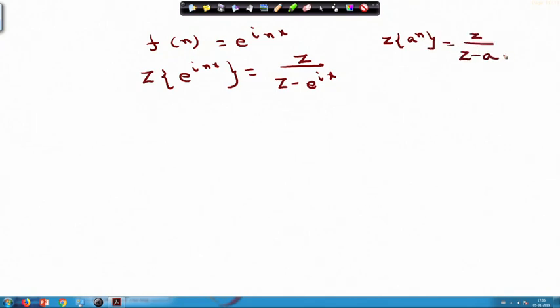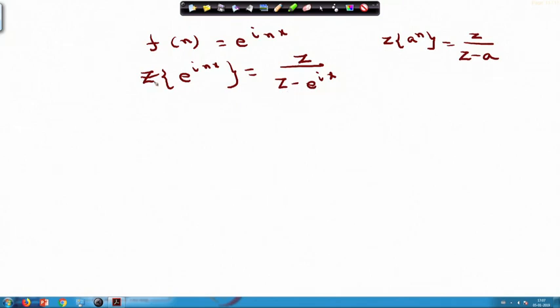Already we have shown this in the last example. So, here a I can substitute as e power i x. So, if I take a as e power i x, the Z transform of this one is equal to z by z minus e power i x.